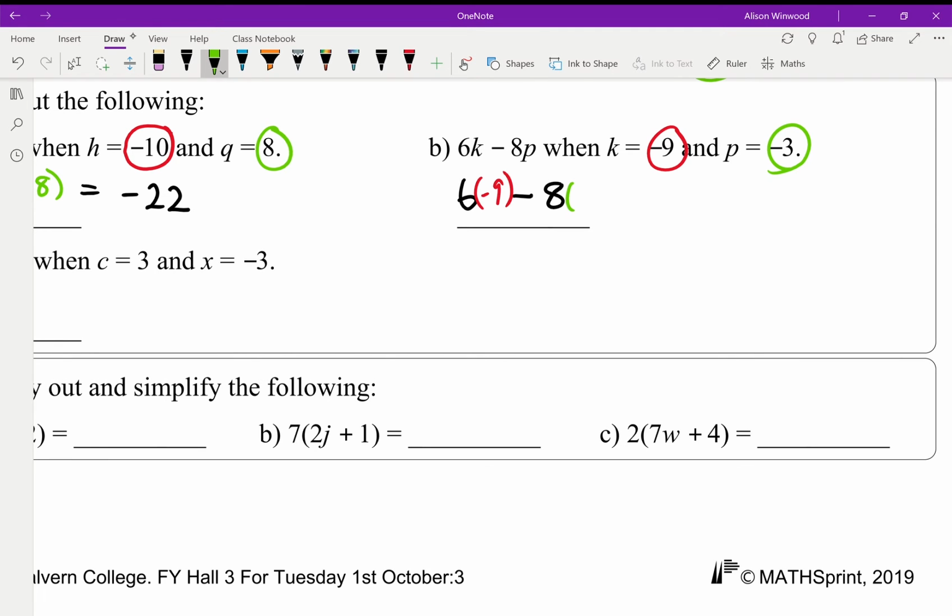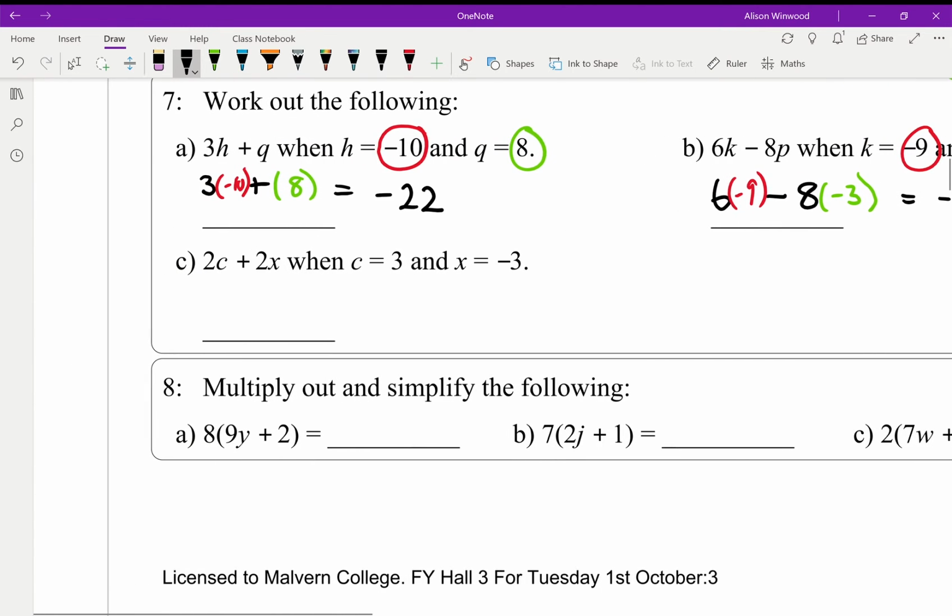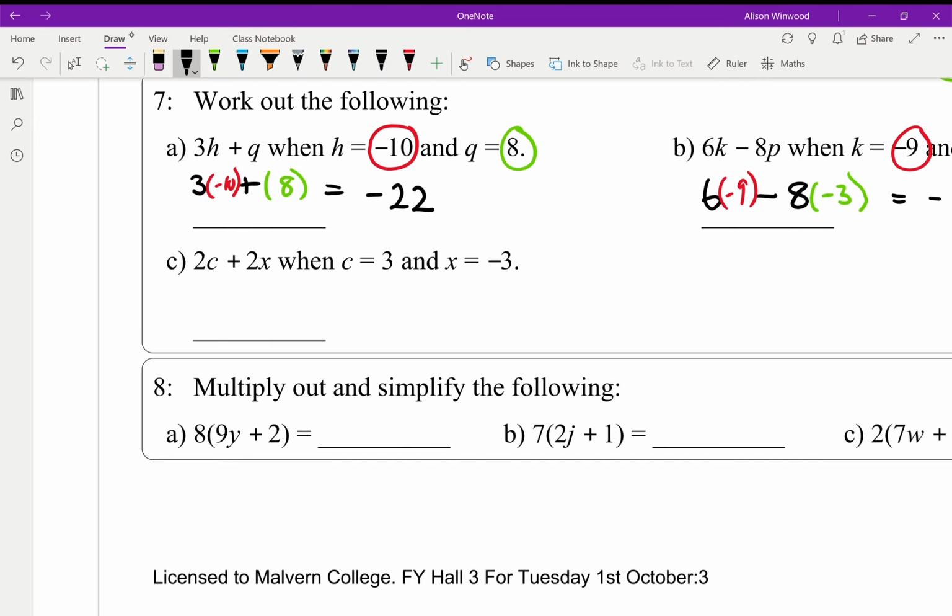P swap for negative 3. Put that in and I'll get negative 30. C swap for 3. X swap for negative 3. Type it in and I get 0.